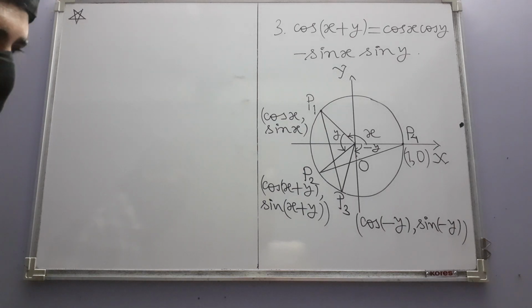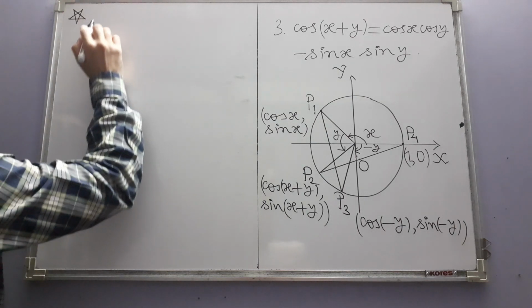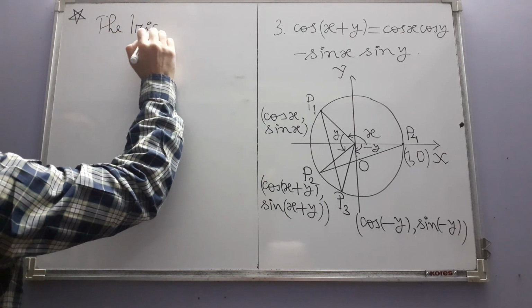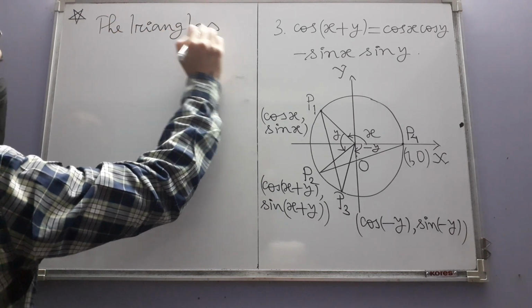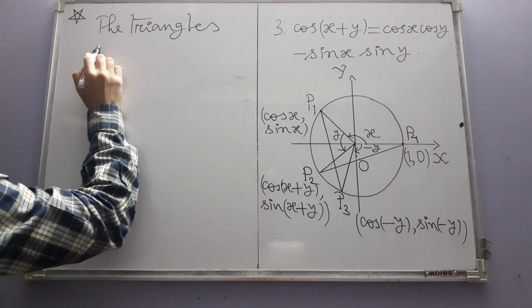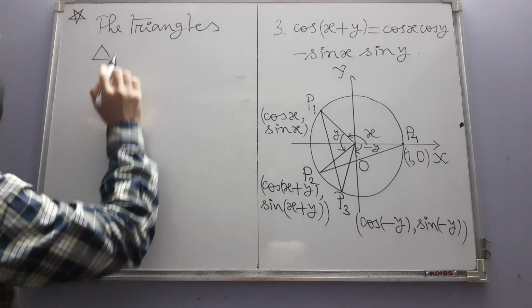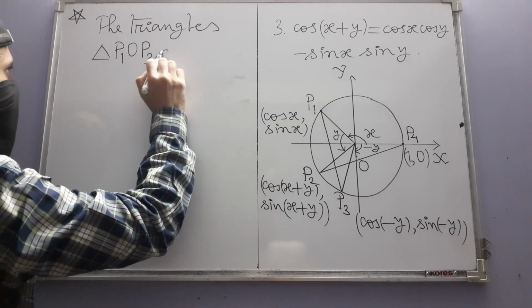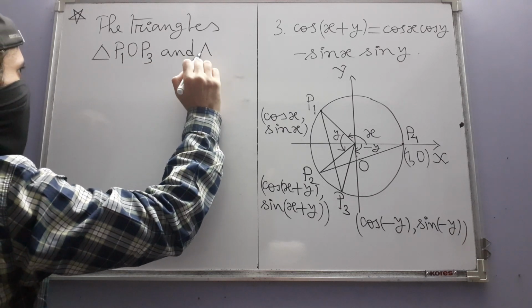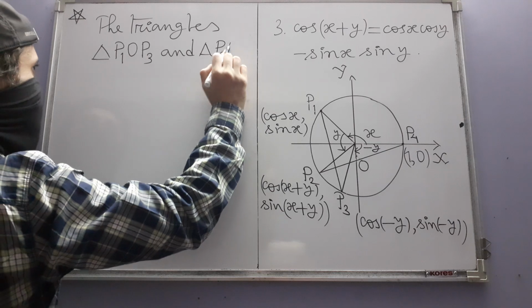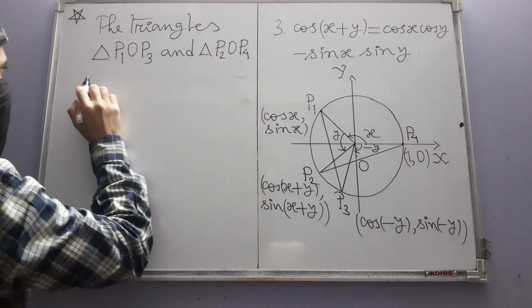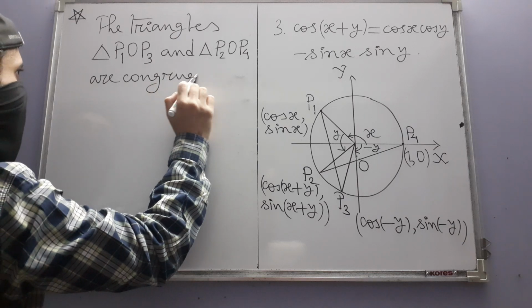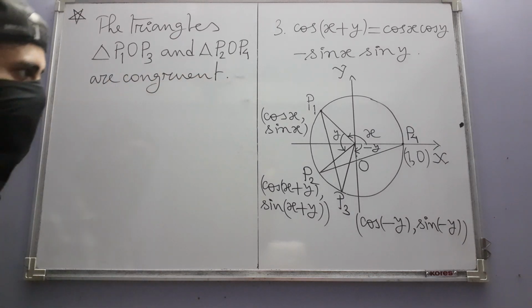The claim is this. The triangles P1OP3 and P2OP4 are congruent.